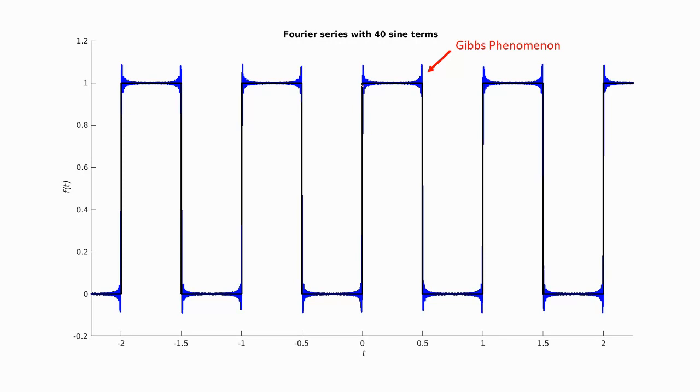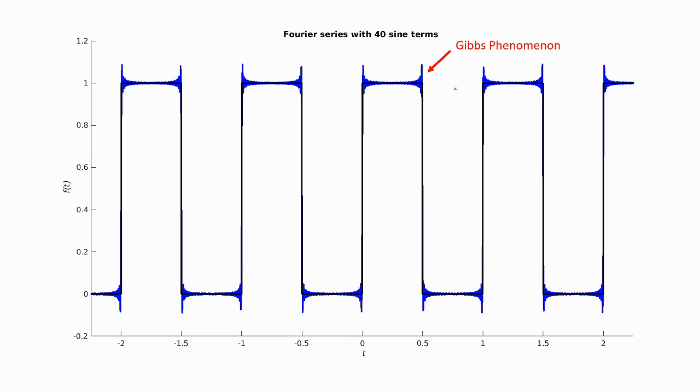But away from this discontinuity, the Fourier series is able to get the value of the actual function. We can observe that as we increase the number of terms, the Fourier series represents the general shape of the square wave, except at the corners where it overshoots.